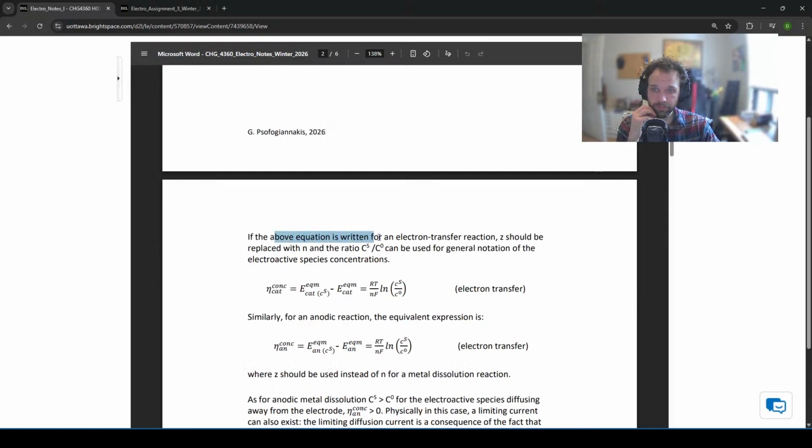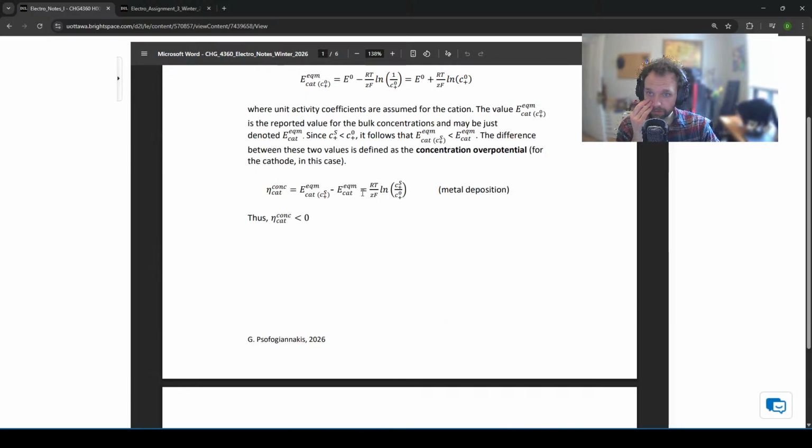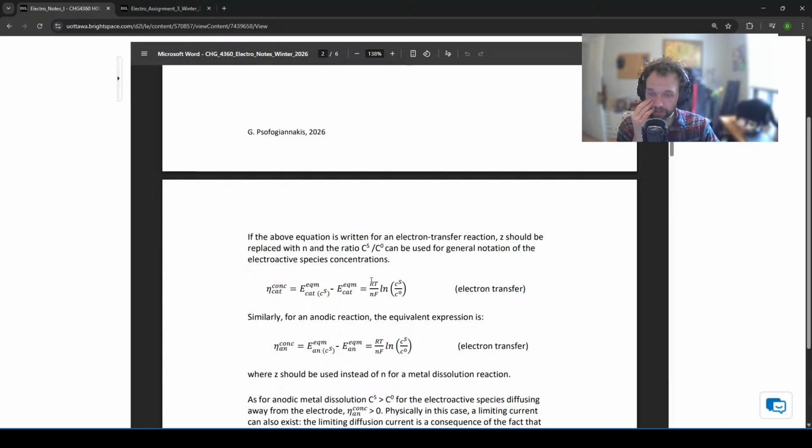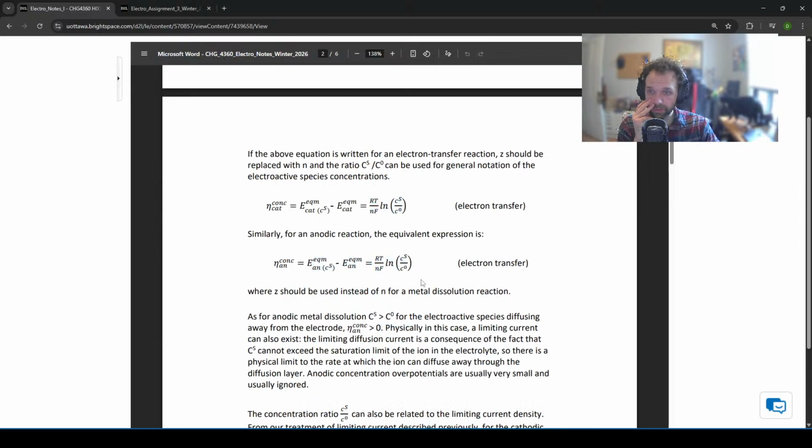If the above equation is written for an electron transfer reaction, Z should be replaced with N, and the ratio Cs over C0 can be used for general notation of the electroactive species concentrations. So the only difference here is that we have N instead of Z. Do the same thing here with the anodic.